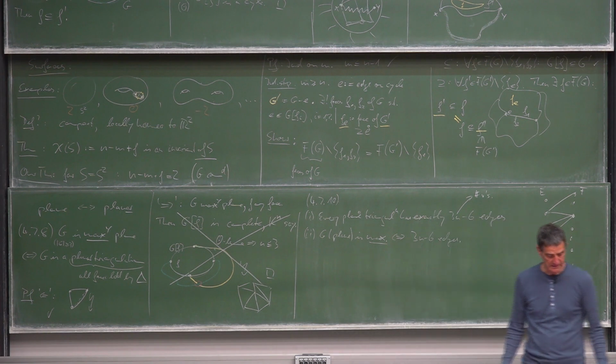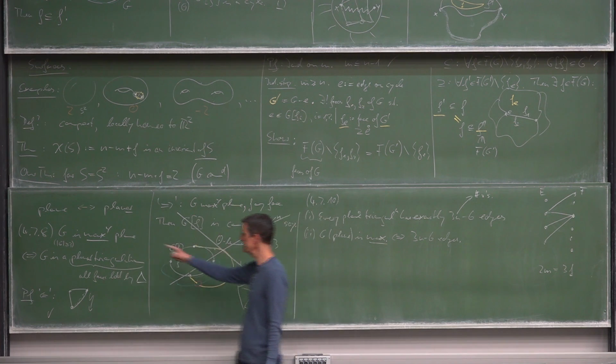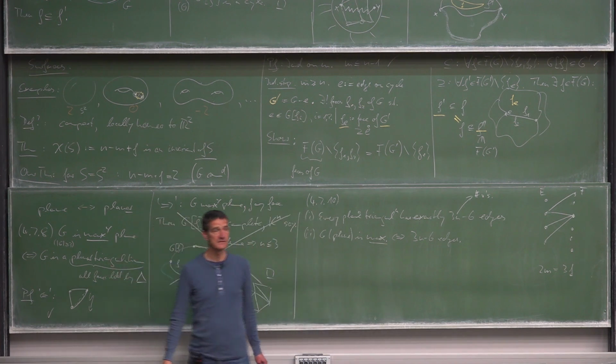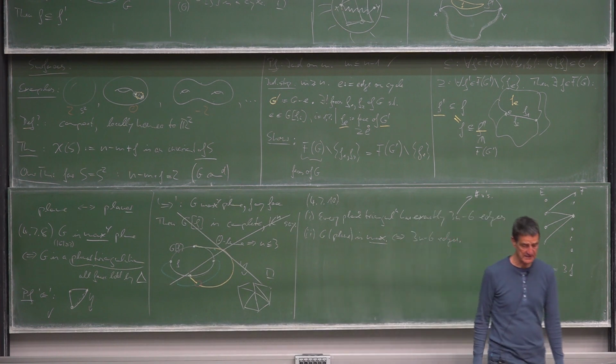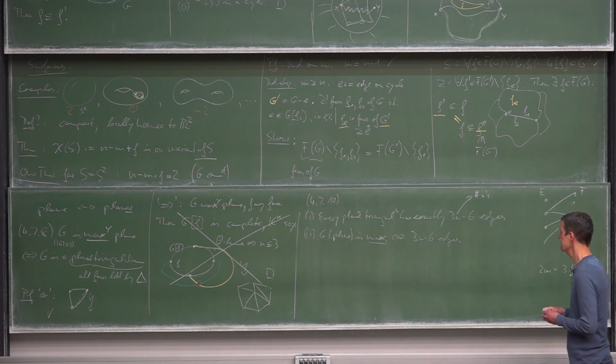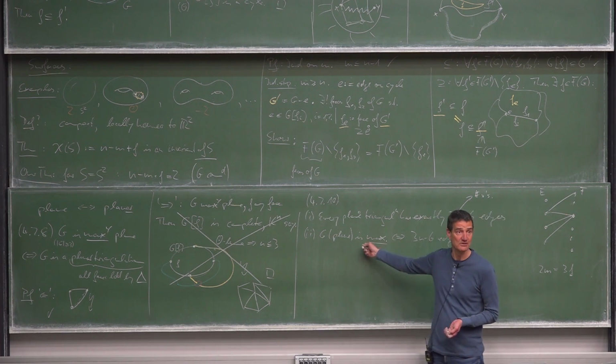Well, if it's maximally plane, then we know it's a plane triangulation, and therefore it has 3n minus 6 edges. Conversely, if it has 3n minus 6 edges, it has to be maximal, otherwise we could add an edge, then we'd get a bigger plane graph.